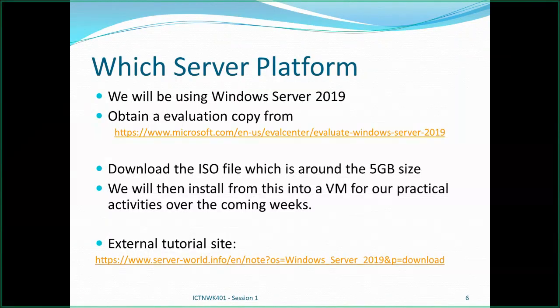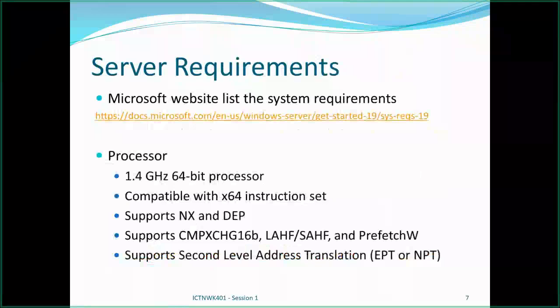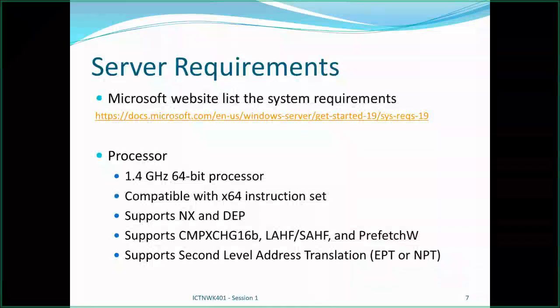Now, each operating system will have different requirements, just like a normal PC. And if you do a little search, you'll find that on the Microsoft site, they actually have documents listing the requirements for each version of the server software.